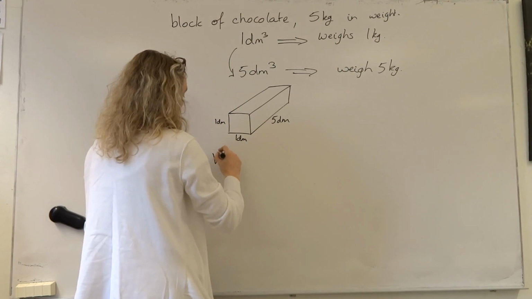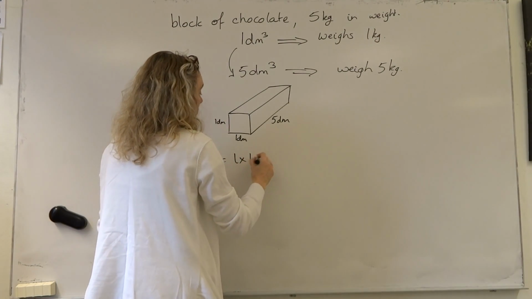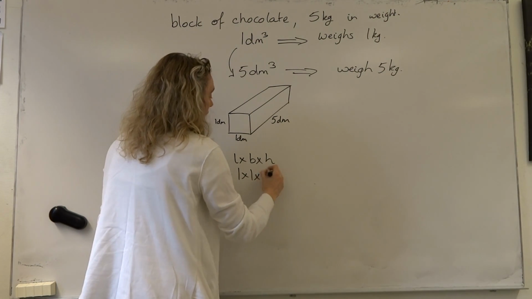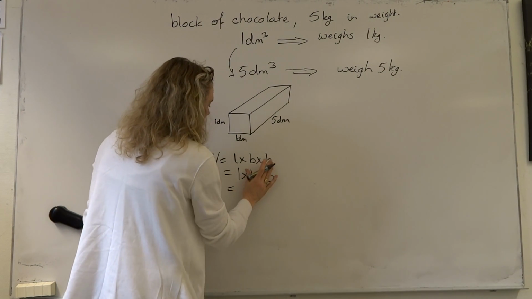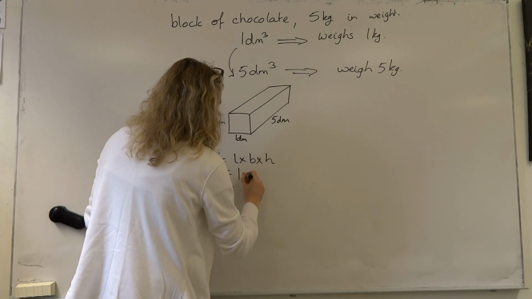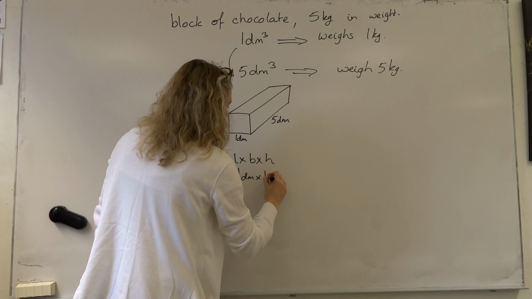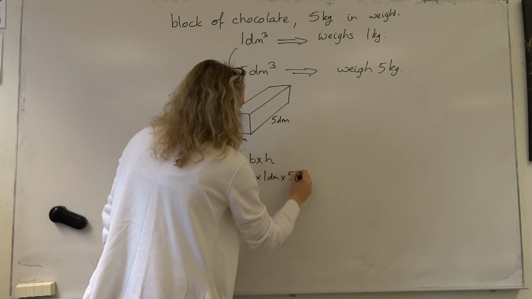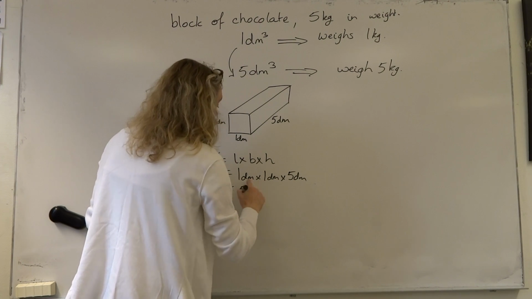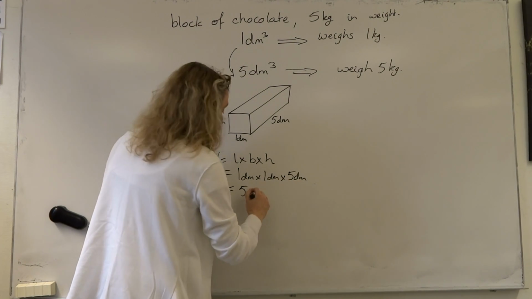If we calculate the volume, length times breadth times height, 1 times 1 times 5, let's keep the units in here. 1 decimeter times 1 decimeter times 5 decimeters is going to give us 5 decimeters cubed.